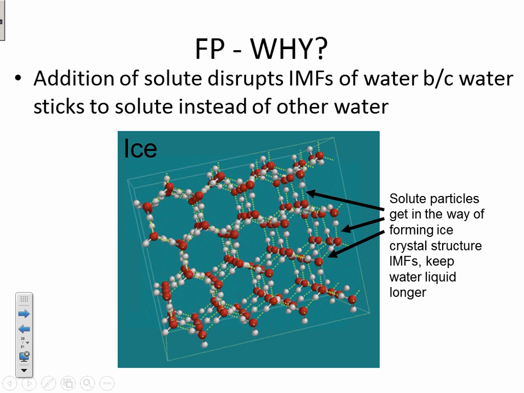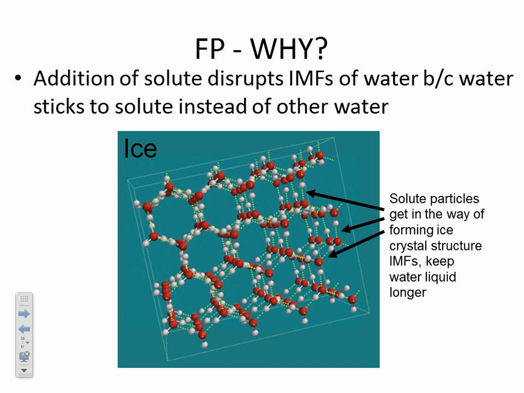So how does this work? Why does a solute lower the freezing point of a solution? Why does a solute raise the boiling point of a solution? Well, it's actually all about the IMFs. In order to freeze, the solvent has to form IMFs with itself. It has to come together and solidify. So it's forming these interactions.